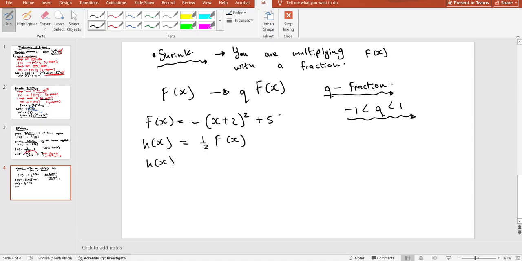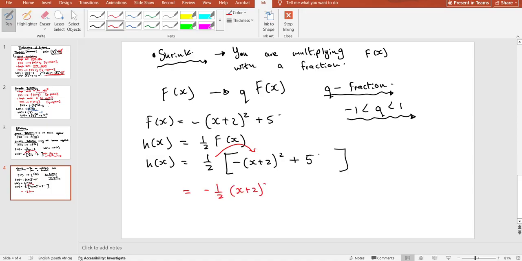So h of x, the new graph, will be a half times the whole function. I want to indicate it with brackets because this half would times that first bracket, giving me x plus 2 squared with the half in front.